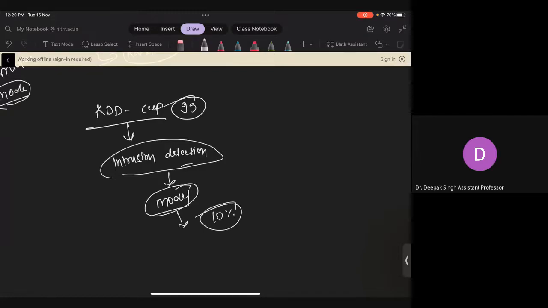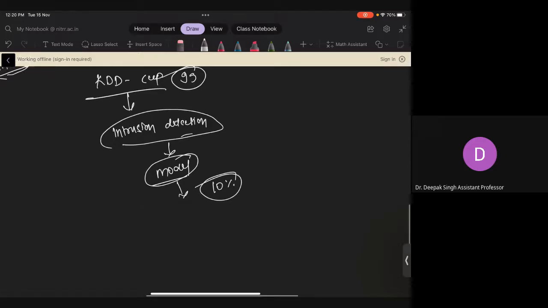Now many of them participated and came up with lots of solutions, but the winner achieved an improved accuracy of 10 point, I guess 03 or 07, I'm not remembering the exact figure, in comparison to the already developed model.